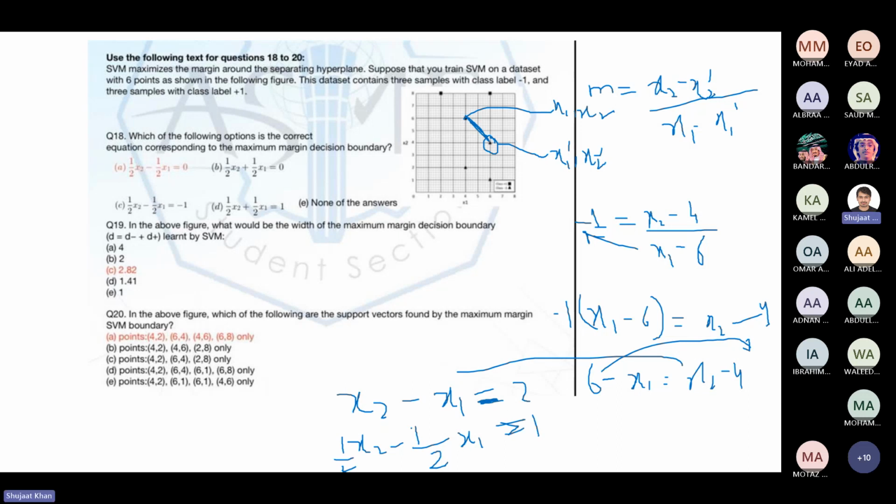So this line is our decision boundary line, and these are my weights. If the weighted sum is above some threshold, then I will assign the class label 1.